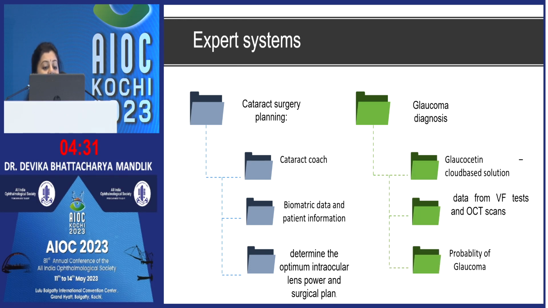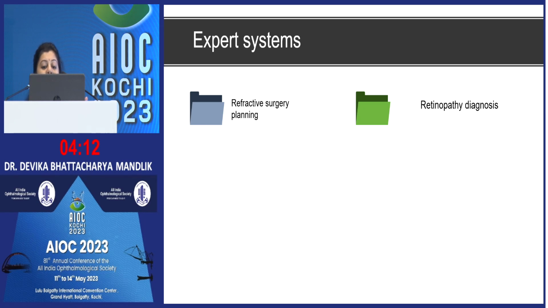There is a cataract coach which uses biometric data and patient information to determine the optimum intraocular lens power and the surgical plan. Another cloud-based solution is used to help in glaucoma diagnosis. It analyzes data from visual field tests and OCT scans and identifies the probability of glaucoma.